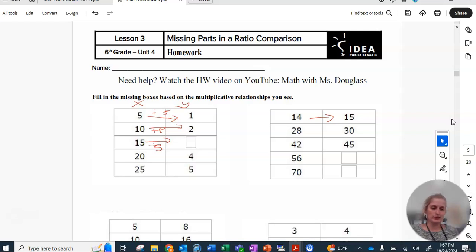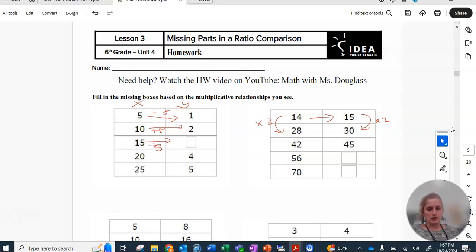It's not always the case that it's a really easy relationship between the two different quantities. In this example, we don't have words on them. We don't know if this is 14 cookies or dollars or whatever. But I don't know how to multiply 14 times something that equals 15. So in that case, you want to look for an up and down scale factor. I see that 14 times 2 is 28, and also 15 times 2 is 30.